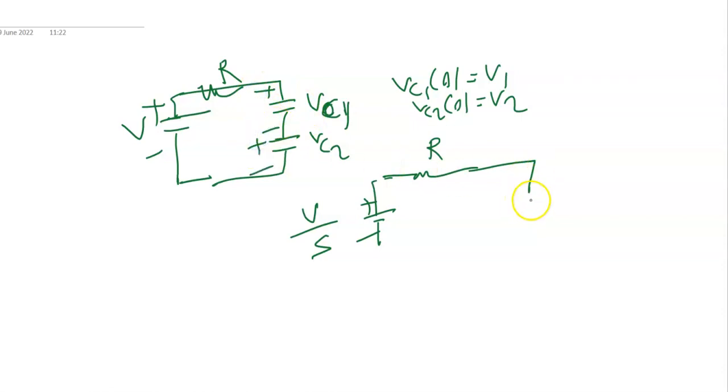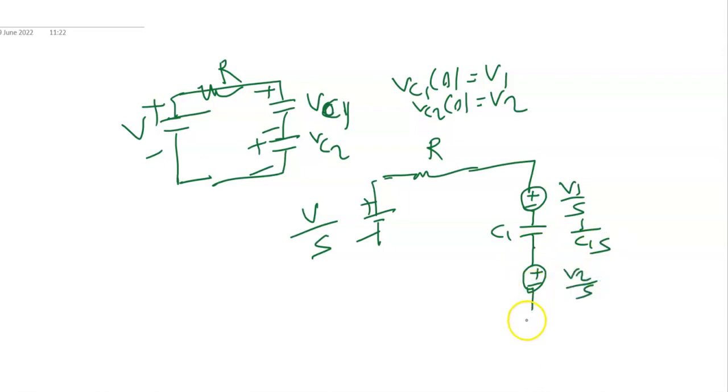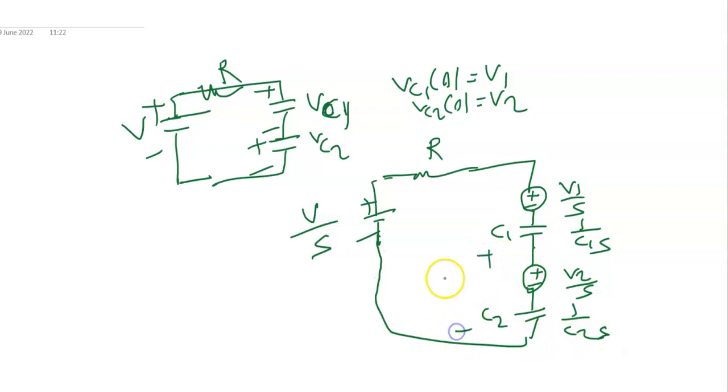So this is the polarity. As you know, the voltage transform for this one is V1 upon s, and this capacitor C1 will be 1 upon C1 s, then V2 upon s, then this is your C2, so 1 upon C2 s.